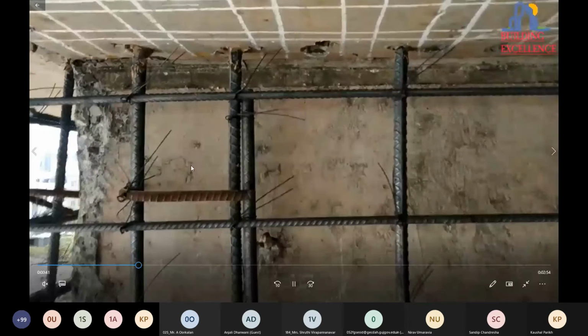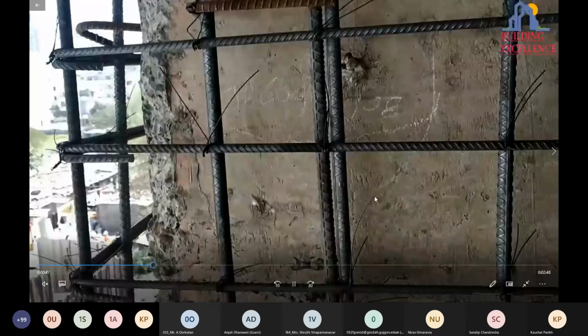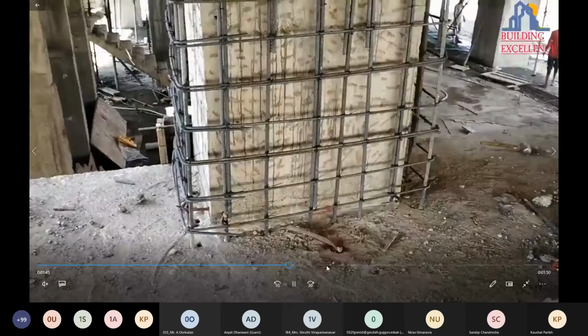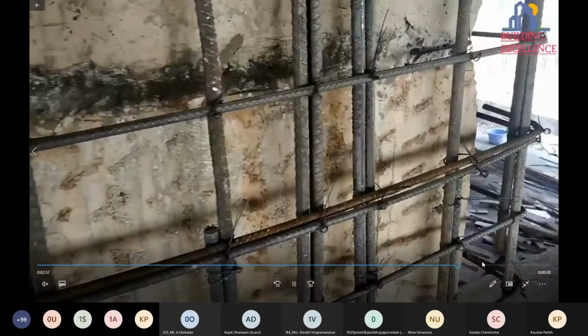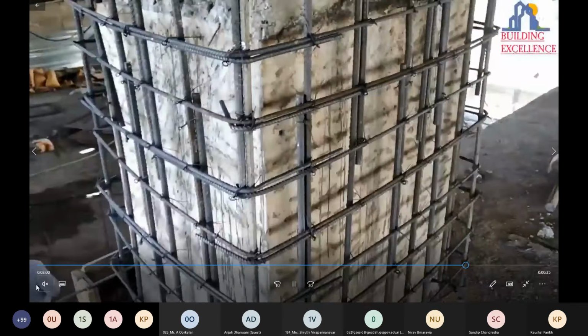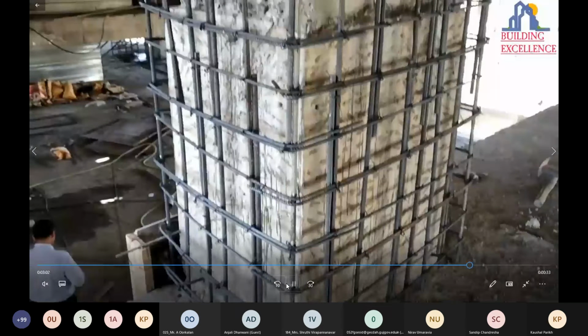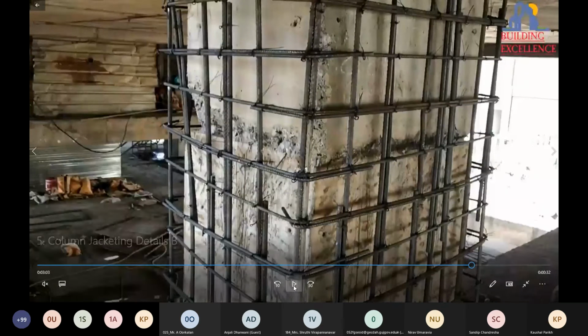See, the key has been inserted at various places, and the reinforcement is not put just anywhere; it has been provided throughout the slab. So the intention of showing this video is more or less the same as the previous one, but to show the key portion, the key which has been applied over here.